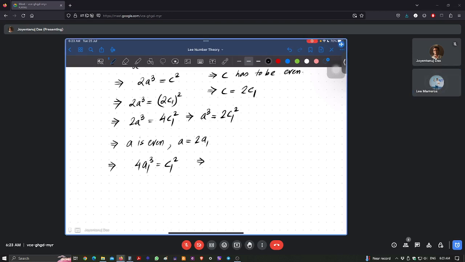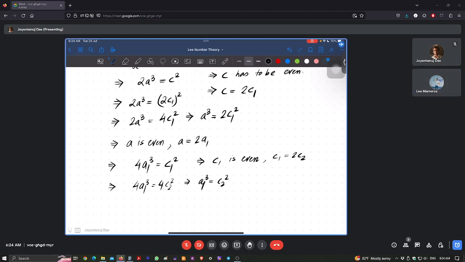So this again says that C1 is even. So let C1 equal 2C2. If I substitute again, it's 4A1 cube equals 4C2 square. So this gives A1 cube equals C2 square, right?